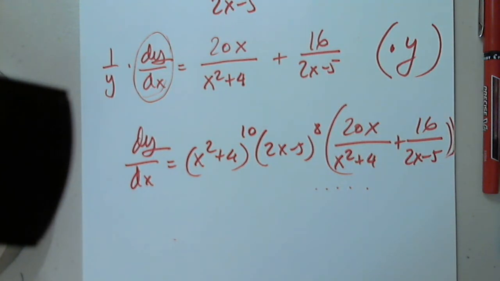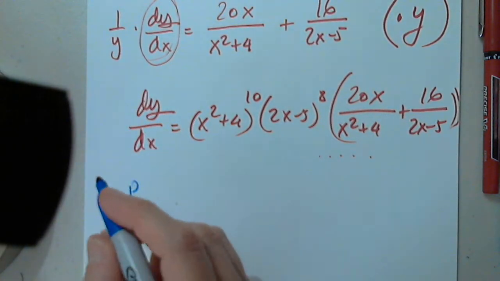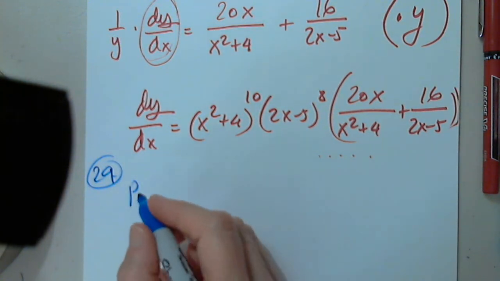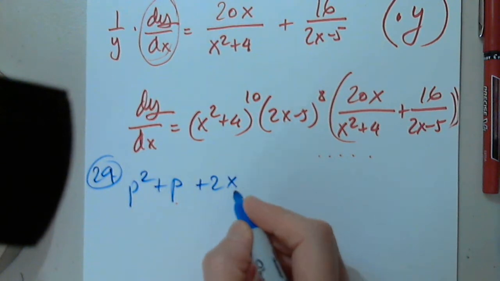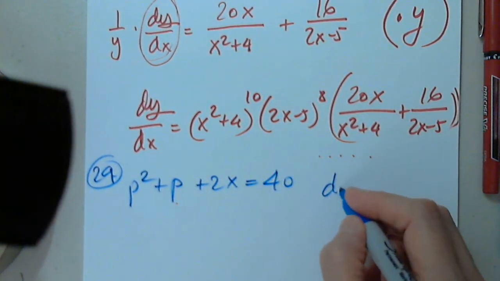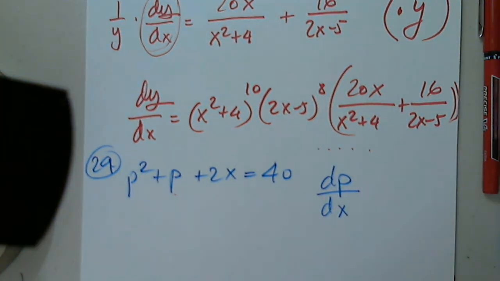So here it is. This is 29. Thank you for choosing or selecting a problem. They're asking us to find dp over dx. What does that mean immediately to us?